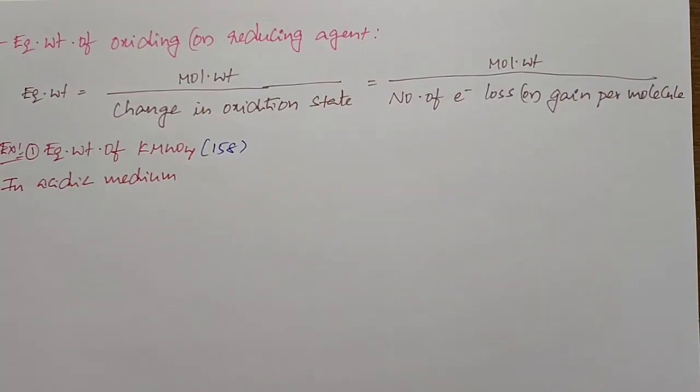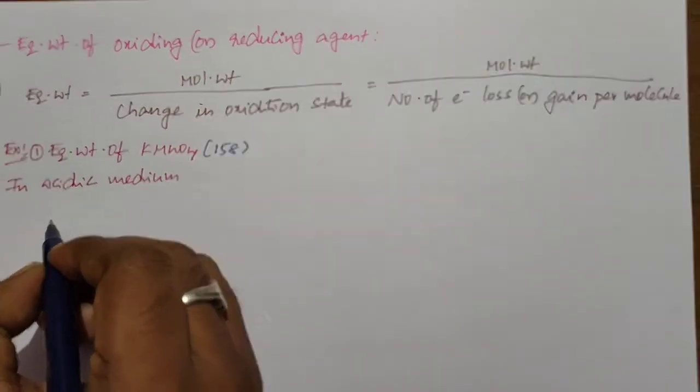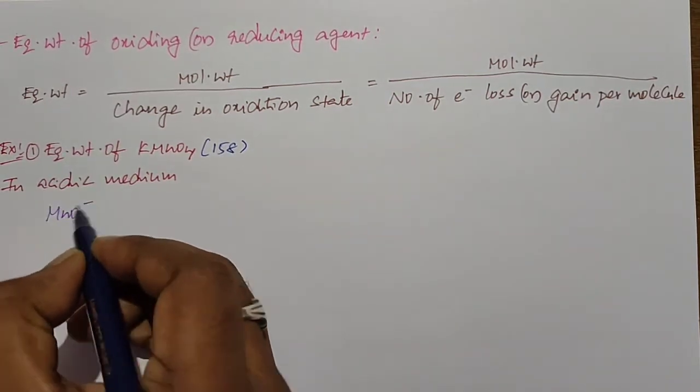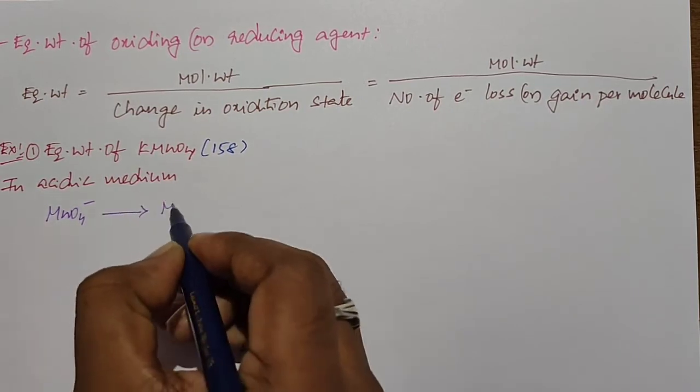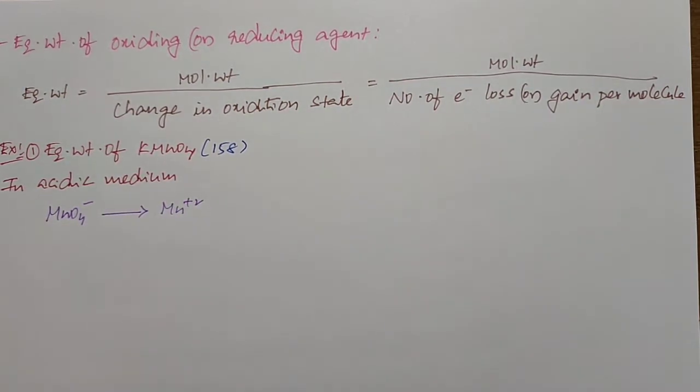In acidic medium, KMnO4 is converted according to the equation: permanganate ion to Mn2+. This reaction takes place in acidic medium and represents the change in oxidation state of manganese in acidic medium.